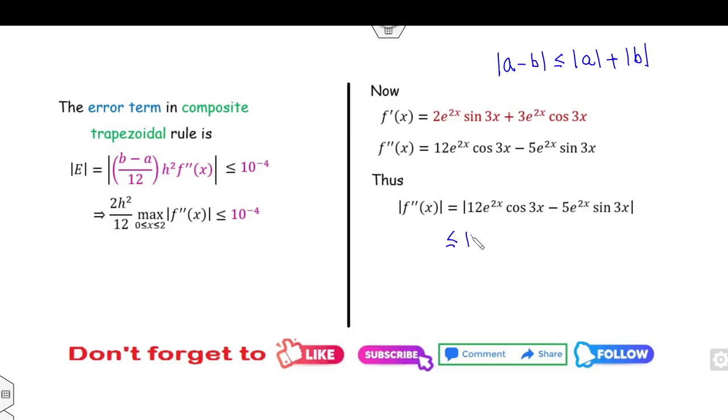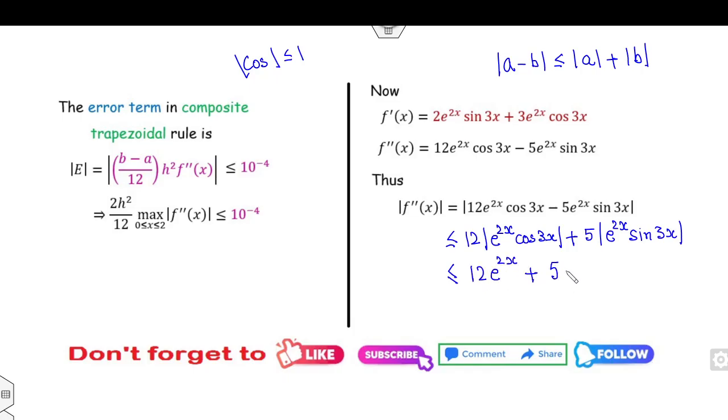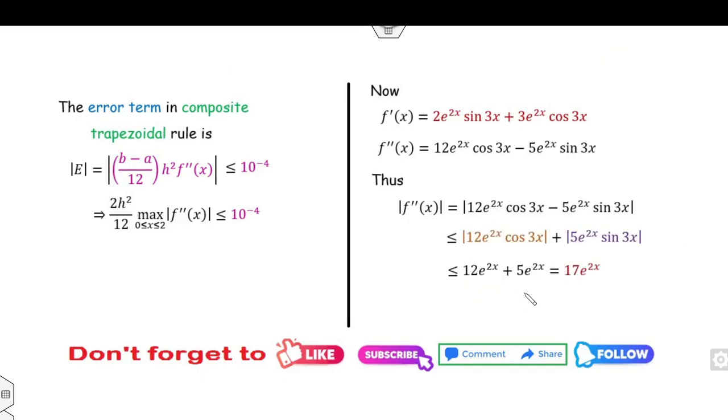So this part is 12 e raised to power 2x cos 3x plus 5, which is a constant outside, e raised to power 2x sine 3x. Fine. Again, we all know the cosine term is always less than or equal to 1, because cos is always less than or equal to 1. I can say this is 12 e raised to power 2x plus 5 e raised to power 2x. So that will be 17 e raised to power 2x.